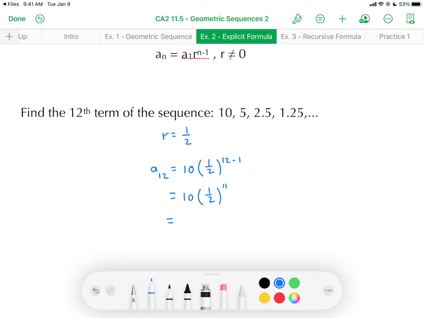Now, not that you have to write it like this, but that's 10 over 2 to the 11th power. Because 1/2, when I raise that to the 11th, 1 to the 11th power is still 1. 2 to the 11th power is, of course, 2 to the 11th. And then you're multiplying that by 10.